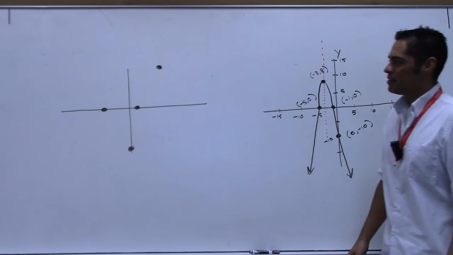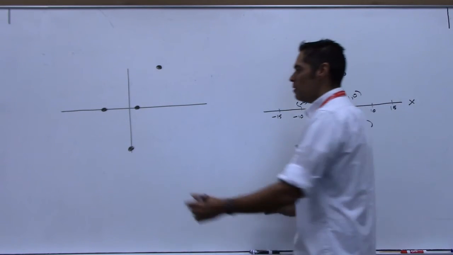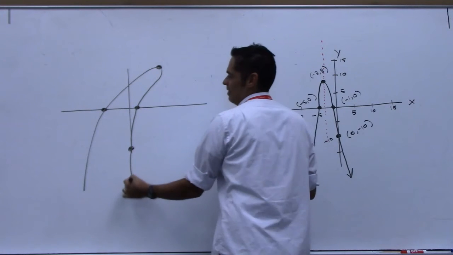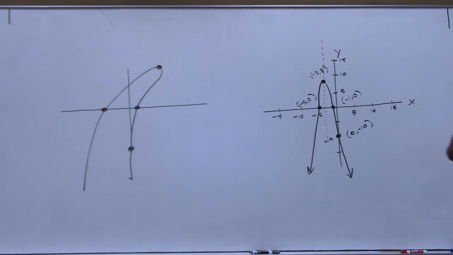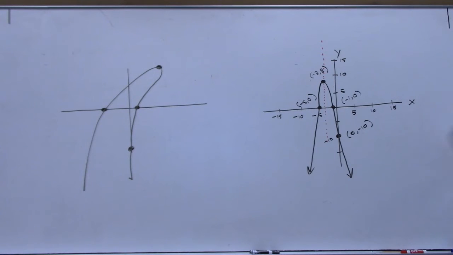Either your vertex is off or your x-intercepts are off. What you don't do is try and make it become some weird parabola. I've seen that happen before. So you don't try and fit something that's not a parabola onto your bad data points, right? So that's always a key flag. That's why I like when you graph these: usually if your answer looks symmetric, everything looks good, most likely you did it right. One thing off and it should not look right.